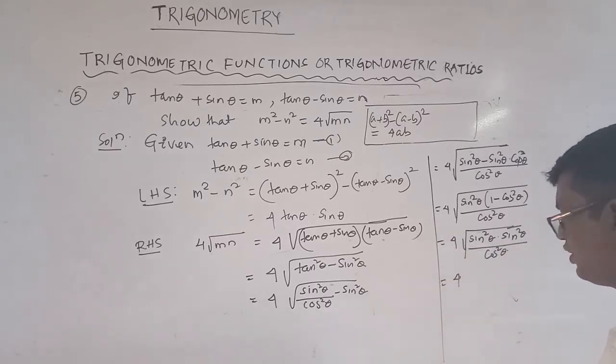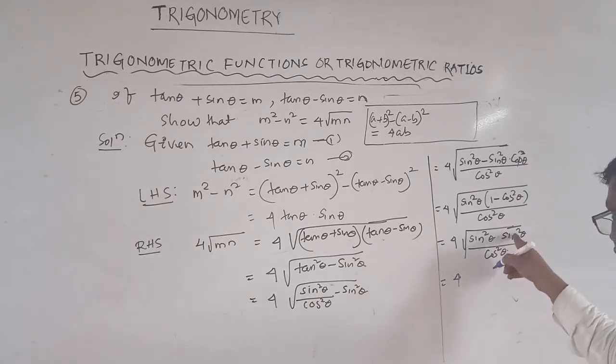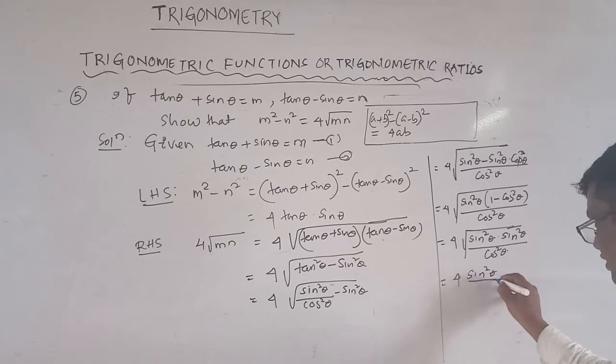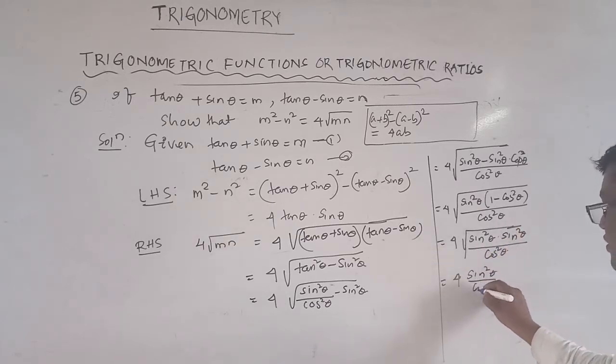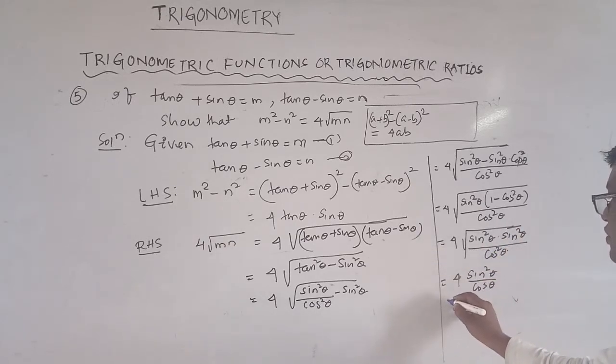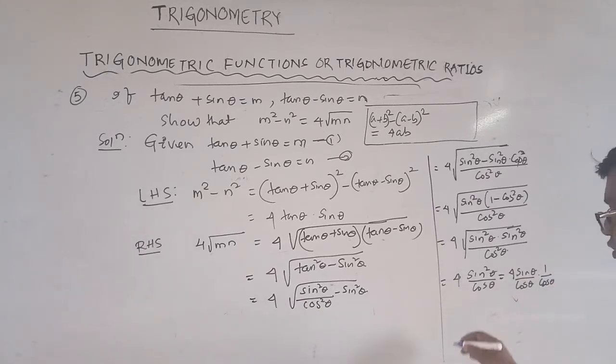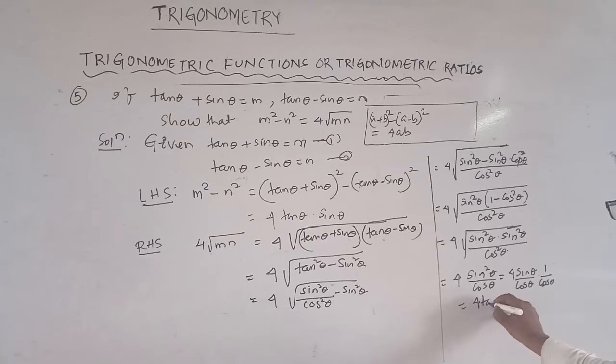The root gives 4 into sin theta by cos theta into 1 by cos theta, which is 4 tan theta into sec theta.